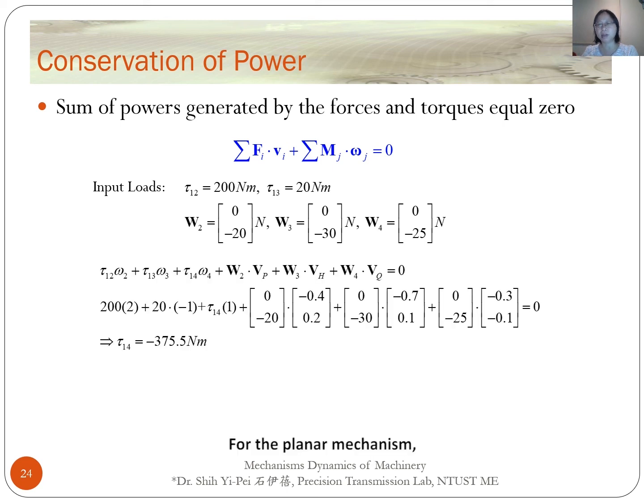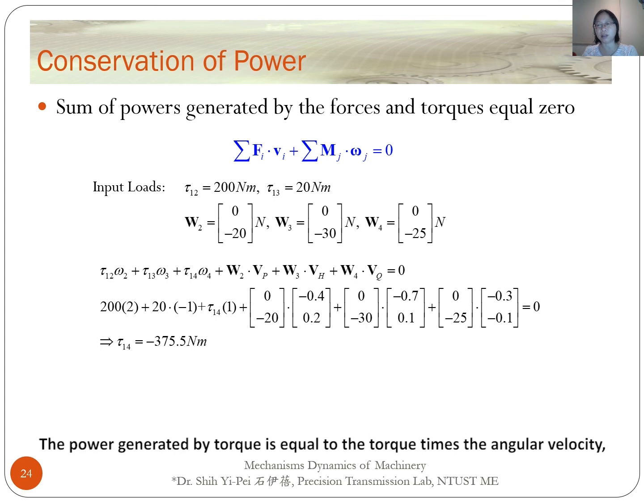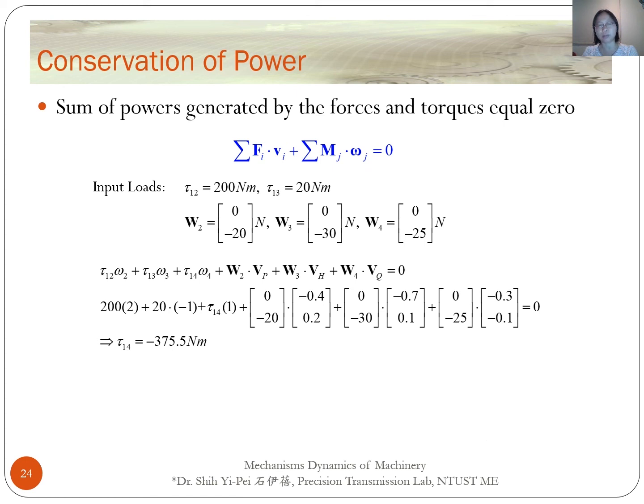For the planar mechanism, the power generated by torque is equal to the torque times the angular velocity, and the power generated by force is the inner product of the force and the velocity. So we get this equation to solve input torque tau 14.